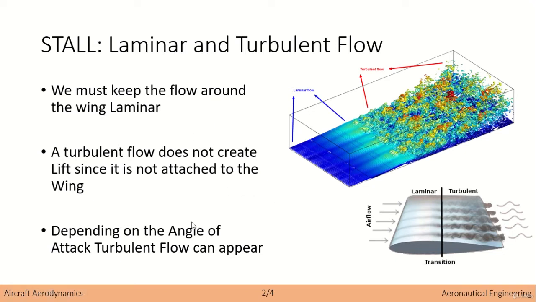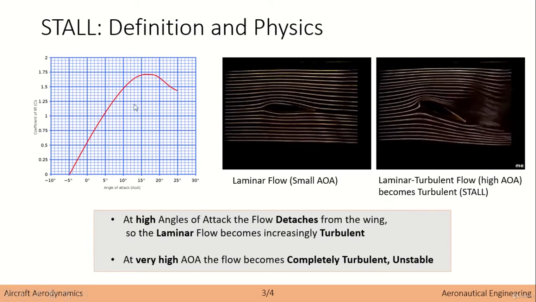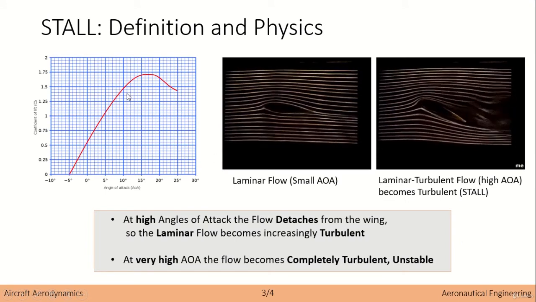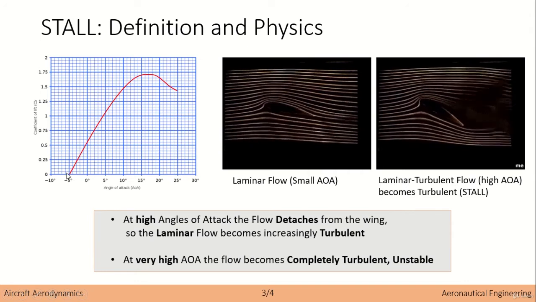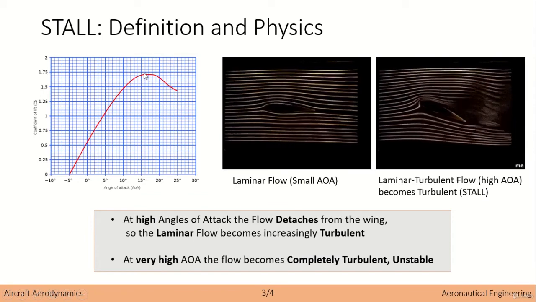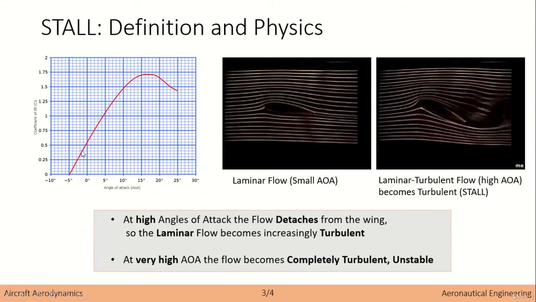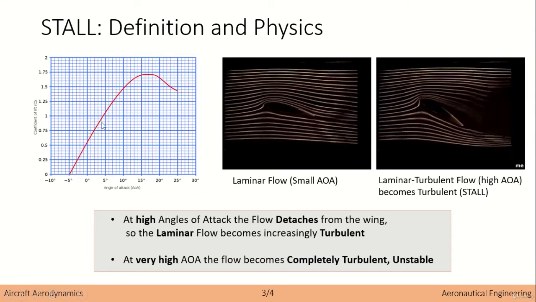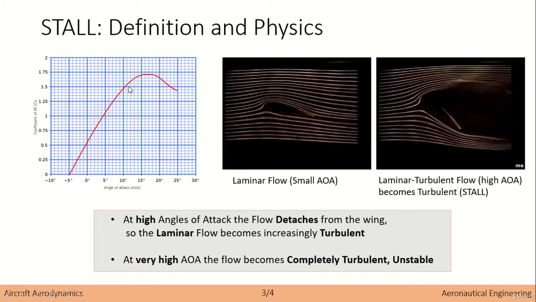So depending on the angle of attack of our aircraft, turbulent flow will appear. And this is why we actually have this definition of the curve. We have discussed what would happen from minus 5 degrees to 10, 15 degrees, whatever. And you can see that the lift is continuously increasing, and all of this part over here, I can tell you, is completely laminar.